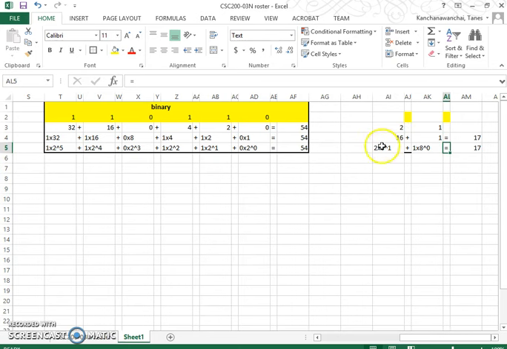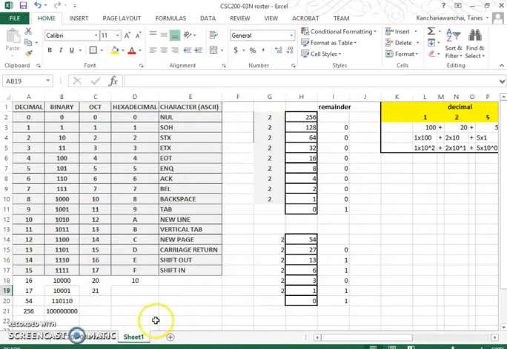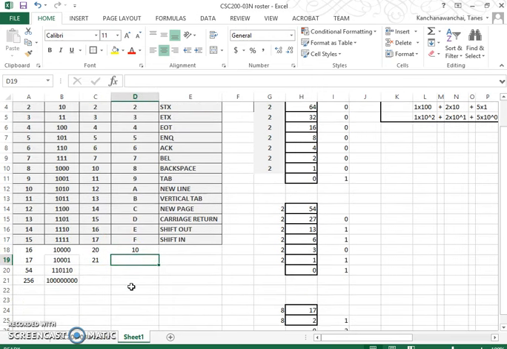Alright, so this is for octal, right? Now, I'll show you, for hexadecimal, it's the same principle. Instead of dividing by 8, you just divide by 16. Take 17 divided by 16. You see that you get 1, remainder 1. Correct?